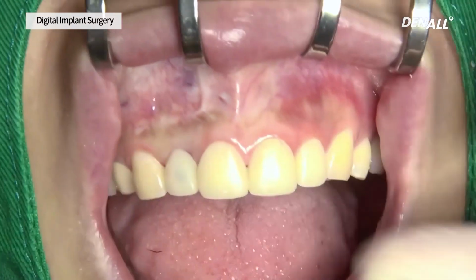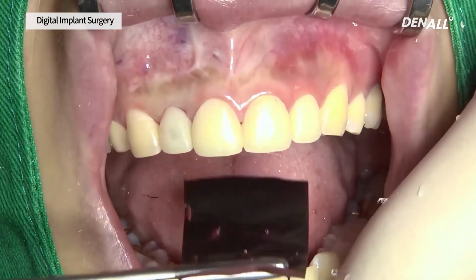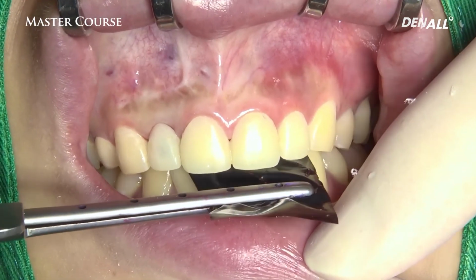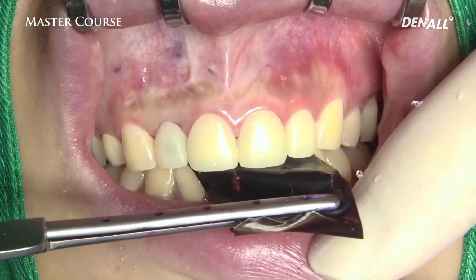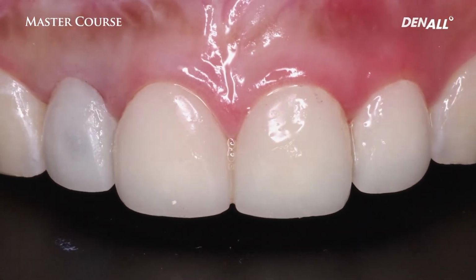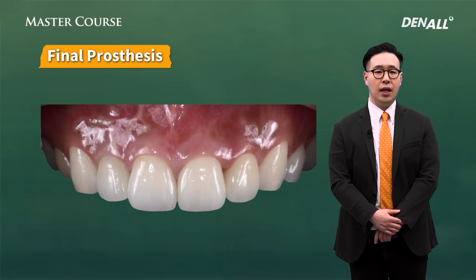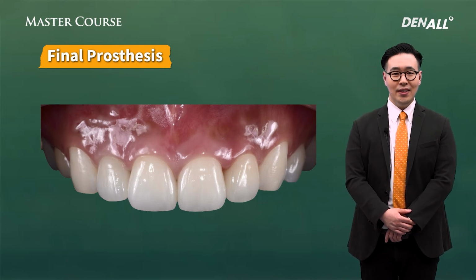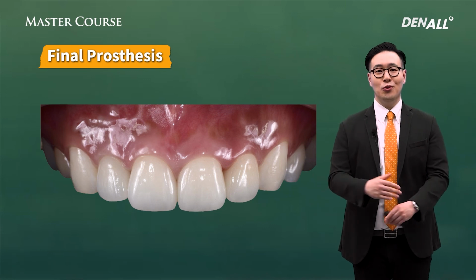The patient used the temporary before the surgery. After implant placement and connection of the abutment, the temporary fits the position very well, which means the accuracy of the OSSTEM One Guide system is excellent. The final prosthesis is beautifully completed, giving the patient a lot of satisfaction.